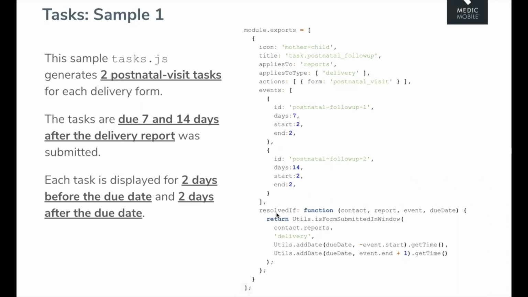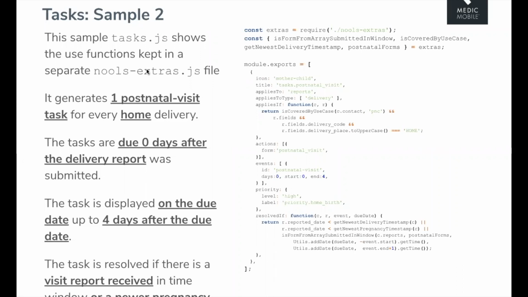However, this task is resolved when a delivery form is submitted. So this should probably be a postnatal visit submitted within that window. So in such a case, you'd probably talk to a designer and find out whether this is the correct specification or it should be different.